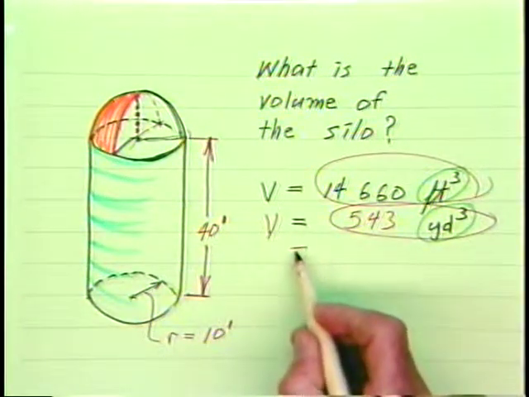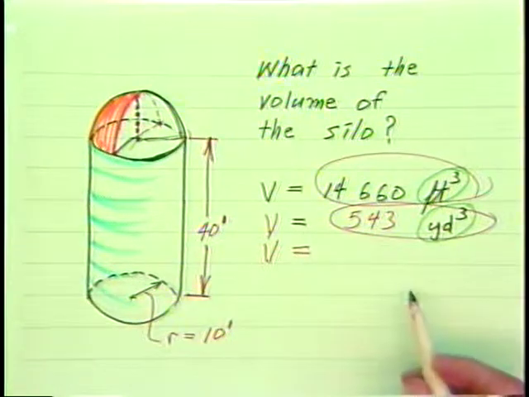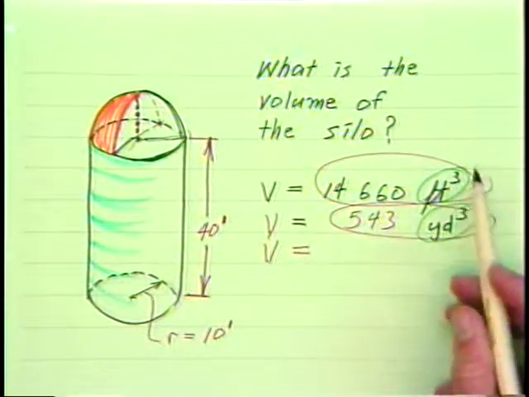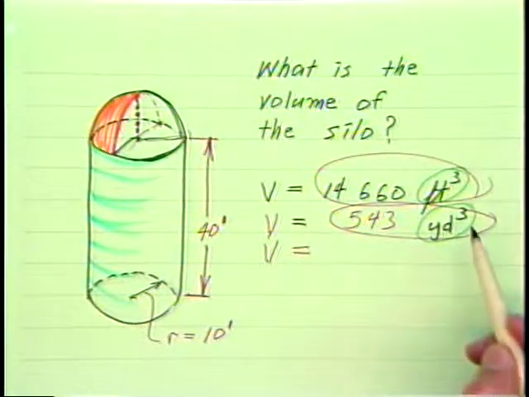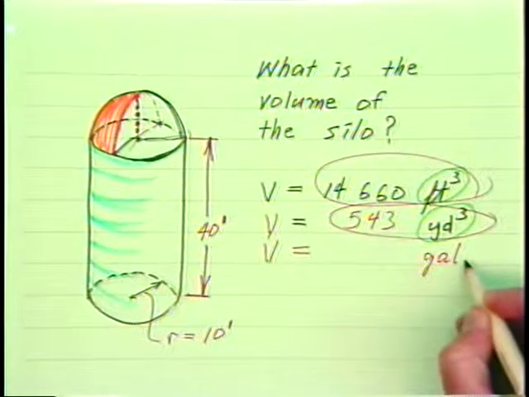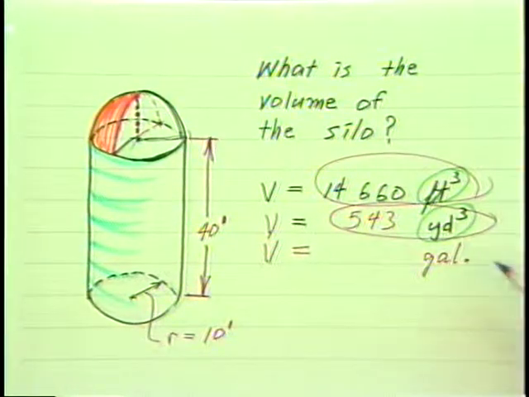But now, just for some variety, someone might just as well have said, what is this volume not in cubic feet, not in cubic yards, but in gallons? Well, that means I can convert this to gallons if I have a relationship between cubic feet and gallons. Or I can convert this into gallons if I can find a relationship between cubic yards and gallons.